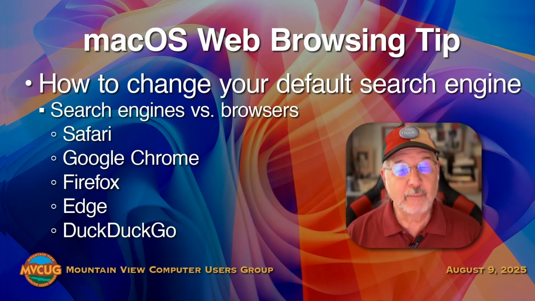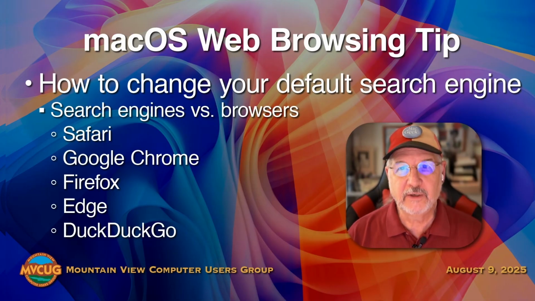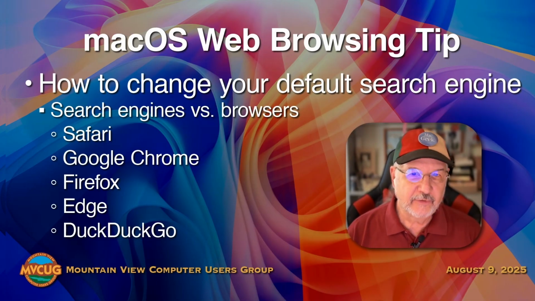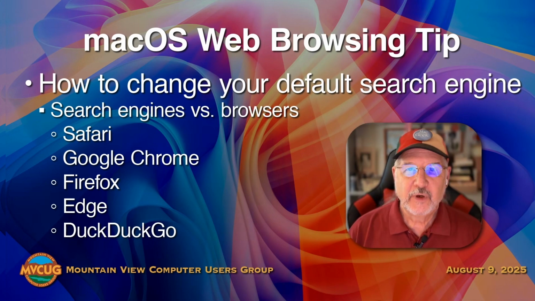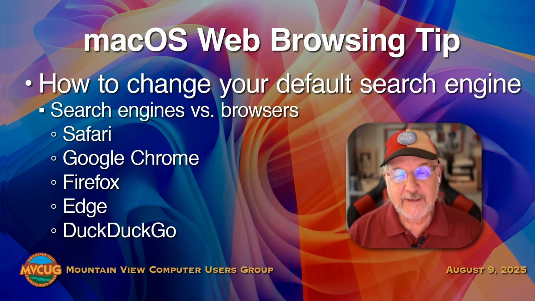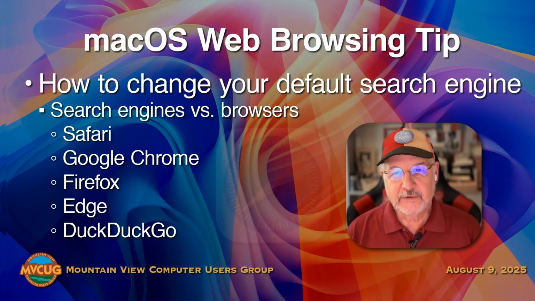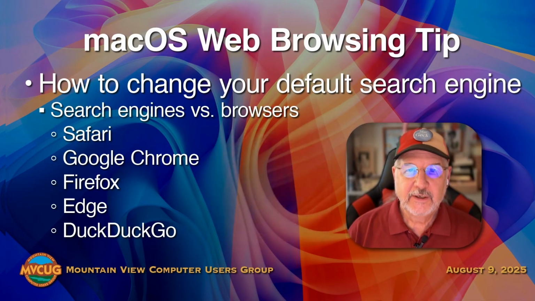There are other web browsers, which are just pieces of software, an application you install, either from the Mac App Store or the iPhone App Store, iPad App Store, or downloaded from the internet from the developer's website. Safari is from Apple, as we just mentioned.